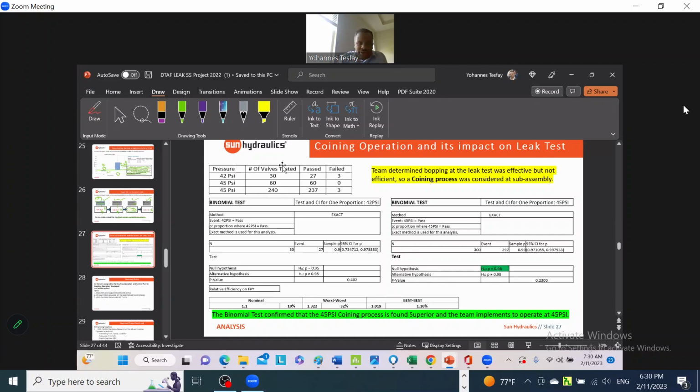So here we took 42 psi, the pressure that we are going to give. 42, 45, 45, and these are the parts.